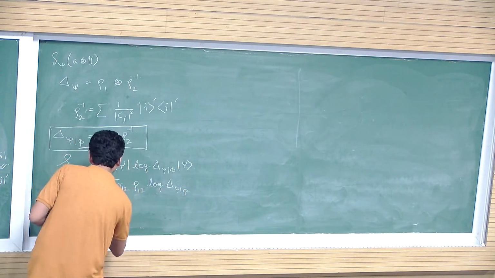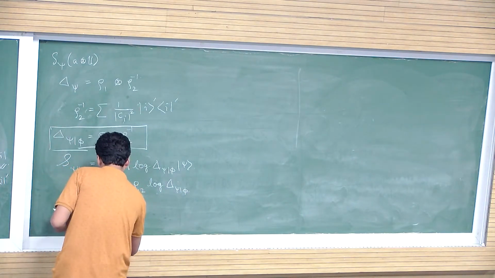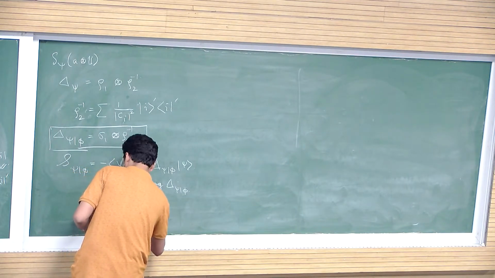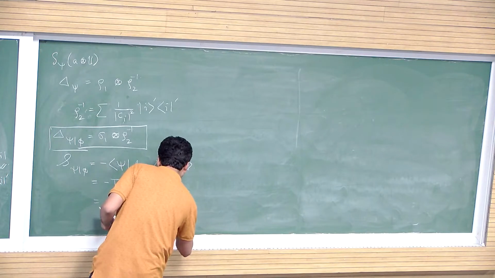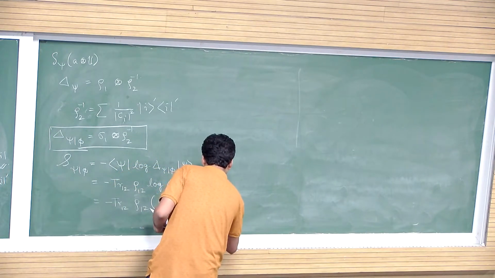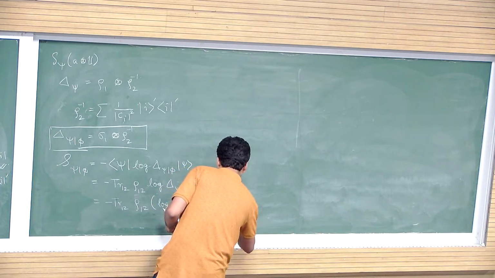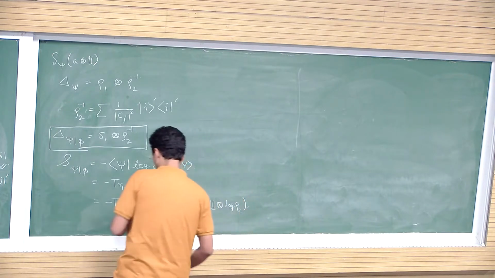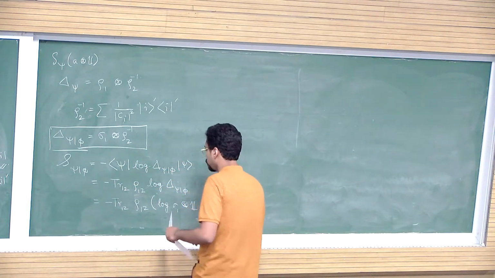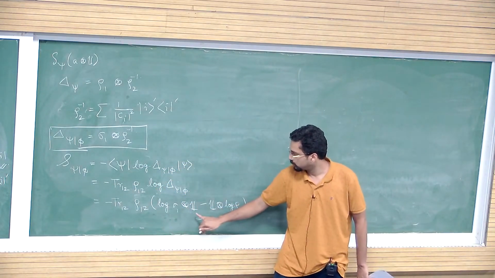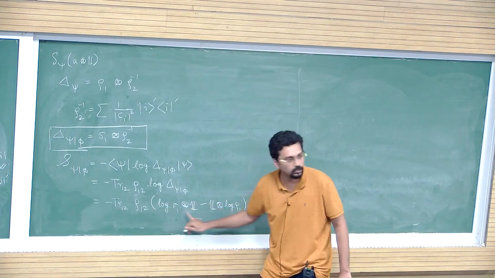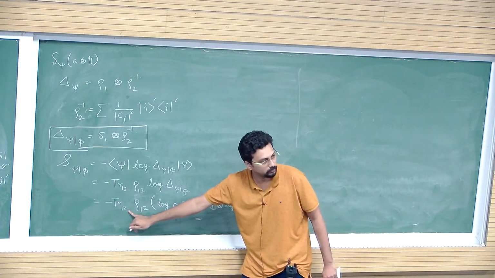You simply plug it in, and now, once you do this, when you are taking the trace, first you take a trace in this object over subsystem 2, right?